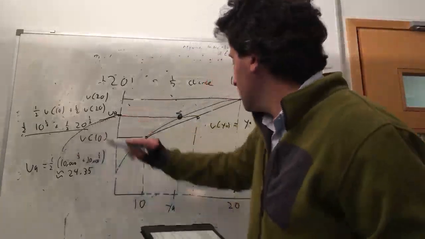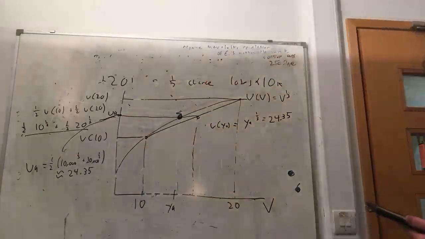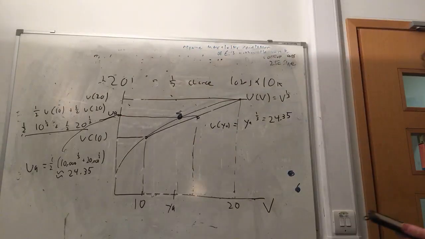Okay, this point here. There are obviously a few ways I could do this. What I need to do is, I know YA to the 1/3 is equal to this. If I cube both sides, that will get rid of this exponent.